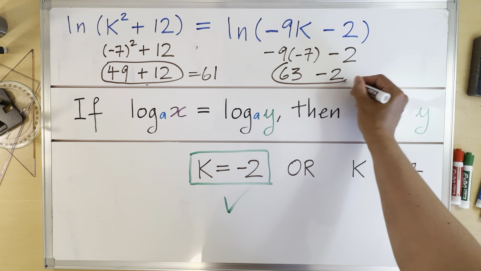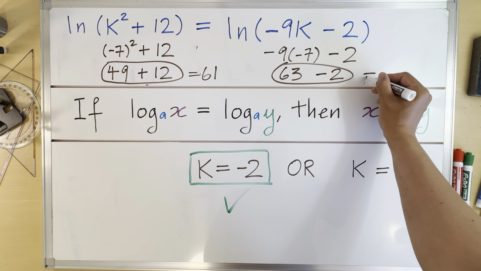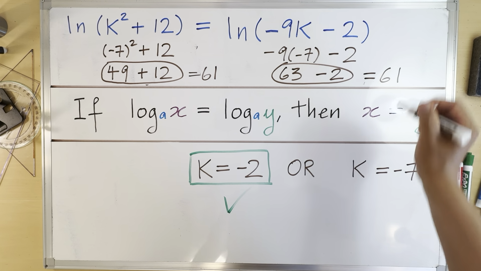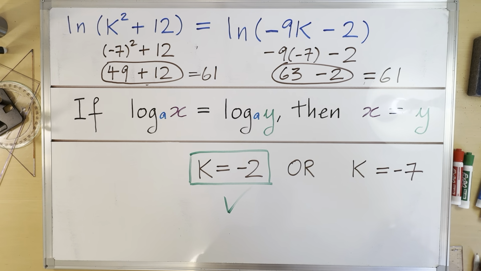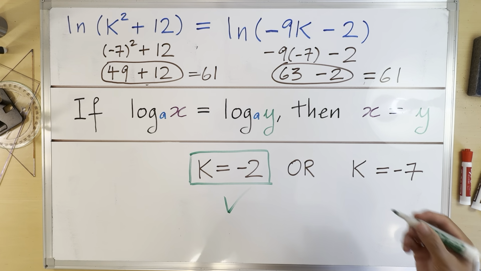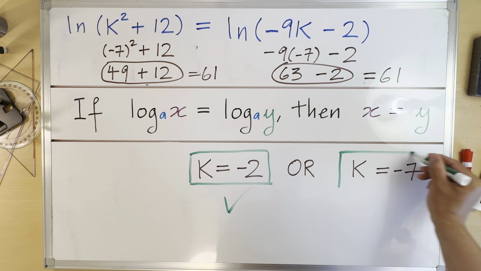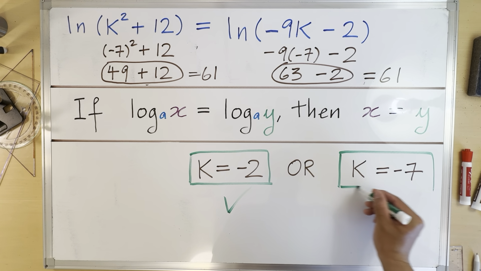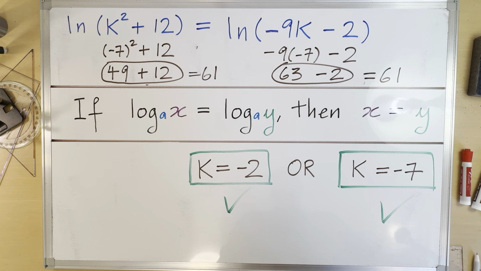And this also gives us 61. And so therefore, for this particular case right here, k is equal to negative 7 also works. And this is the equality rule for logarithms.